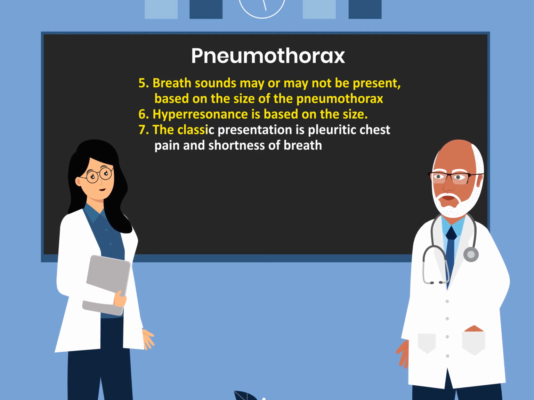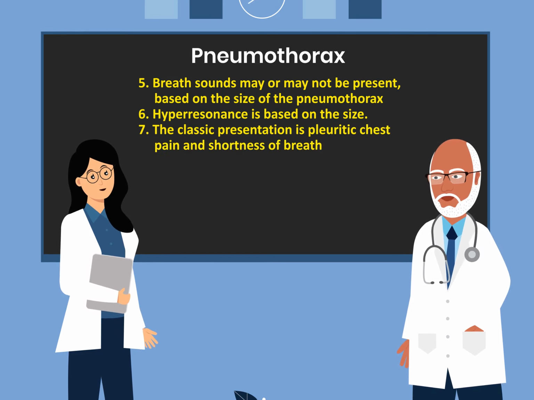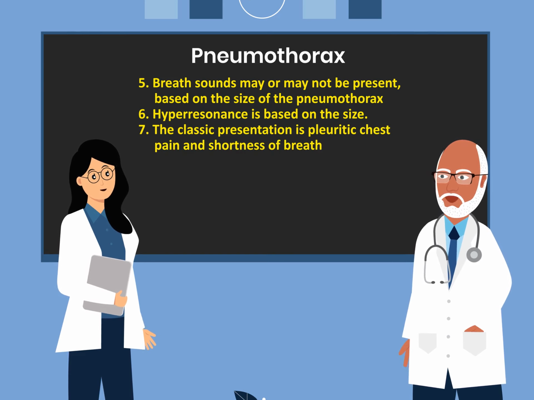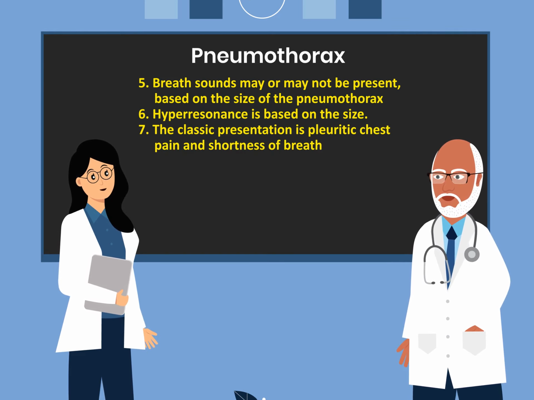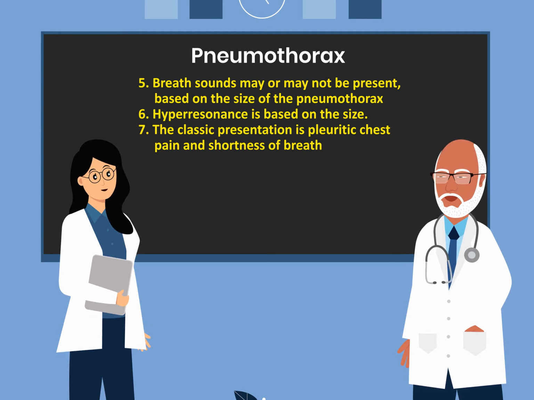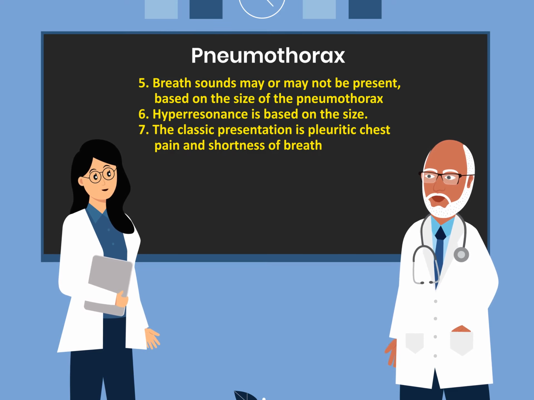The classic presentation is pleuritic chest pain and shortness of breath. And the imaging modalities that are now used are ultrasound for bedside evaluation for unstable patients, chest x-ray as the initial test for pneumothorax, with the exception of tension pneumothorax, which is clinically diagnosed.